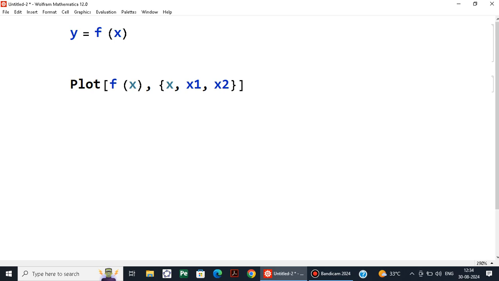You can change these values whenever you want according to your need.